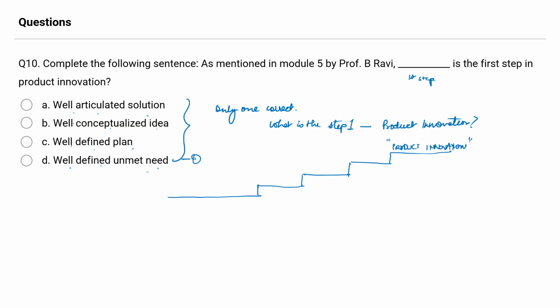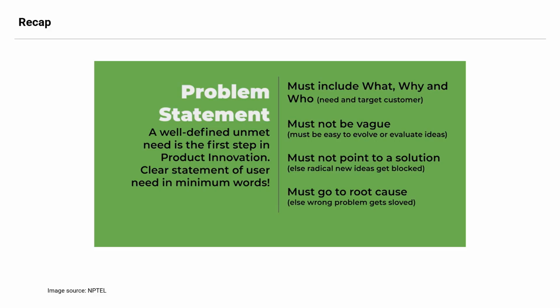I would encourage the other members in the group to also share your choice of the correct answer, it will be great. First step, we are trying to understand the first step in product innovation. All right, we'll do a screen validation.